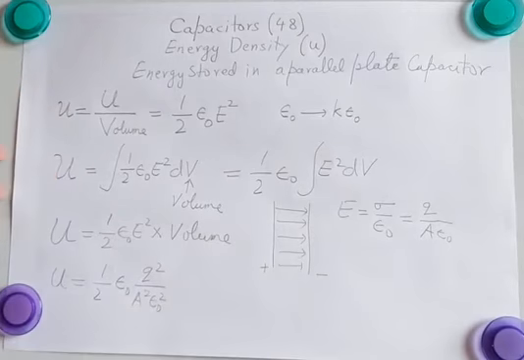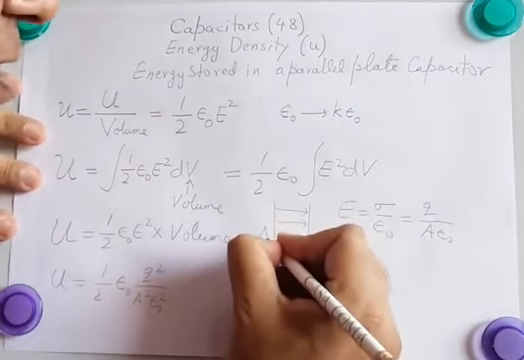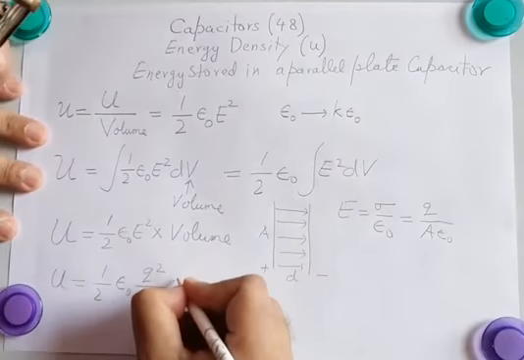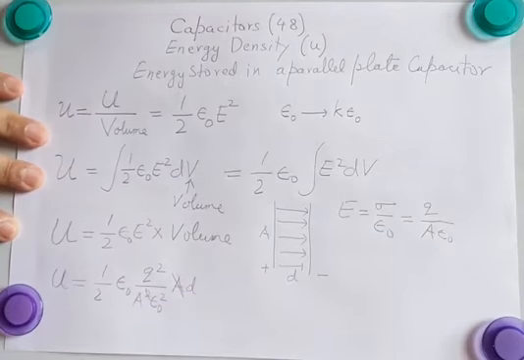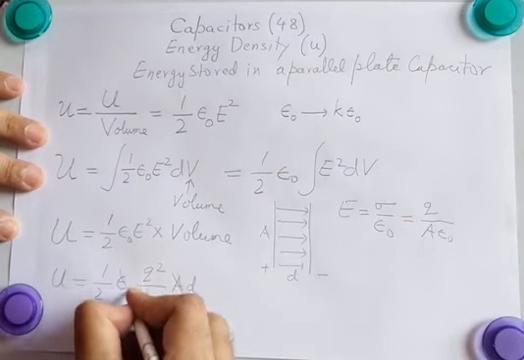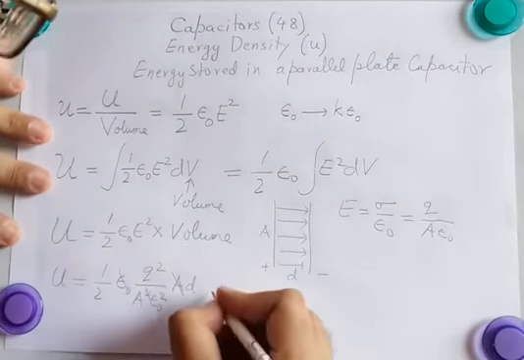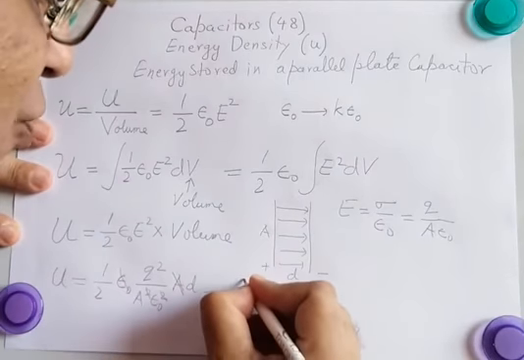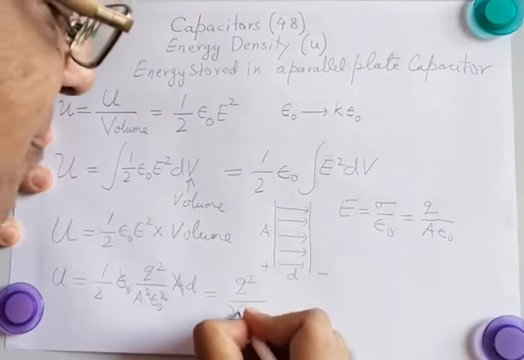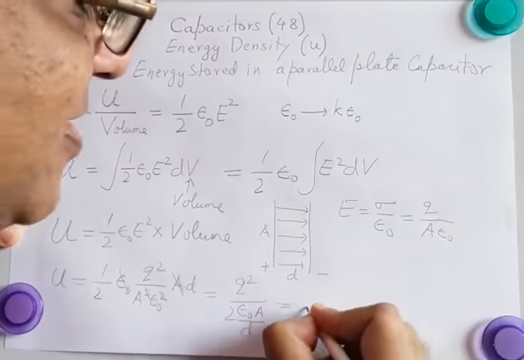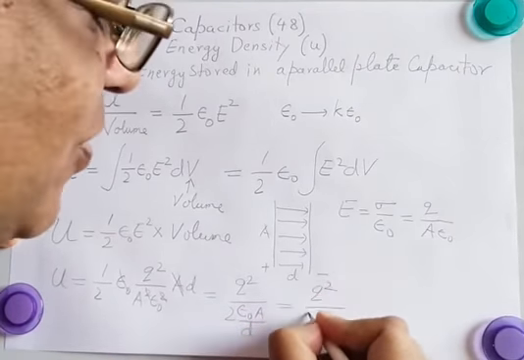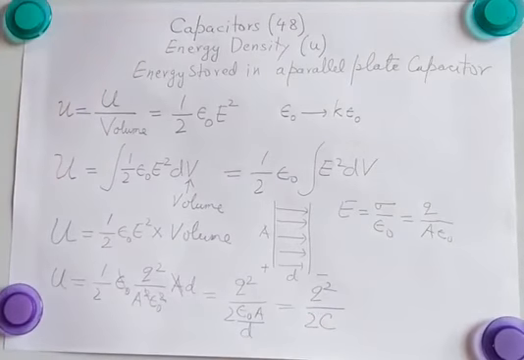So half epsilon naught E square, and the volume of the space between the plates will be A into D. So you multiply this by A into D. One A will cancel and one epsilon naught will cancel. So basically we will get Q square by 2 epsilon naught A by D, and epsilon naught A by D is capacitance. So therefore we get Q square by 2C.